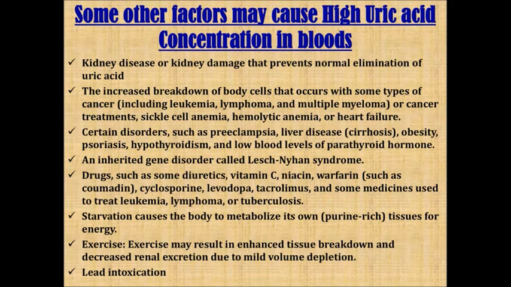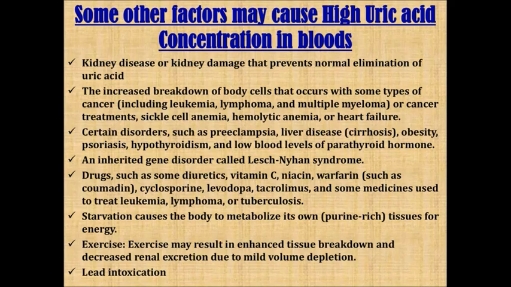As our body cells have RNA and DNA in them, which contain purine bases, rapid breakdown of such cells, which actually happens in cancer, sickle cell anemia, and hemolytic anemia, increases the uric acid formation, which in turn increases the uric acid levels in our body.